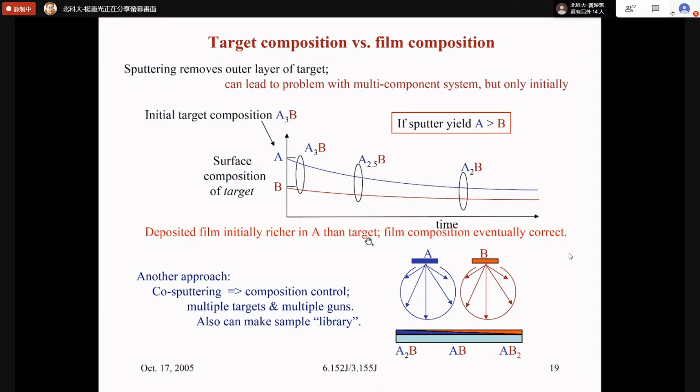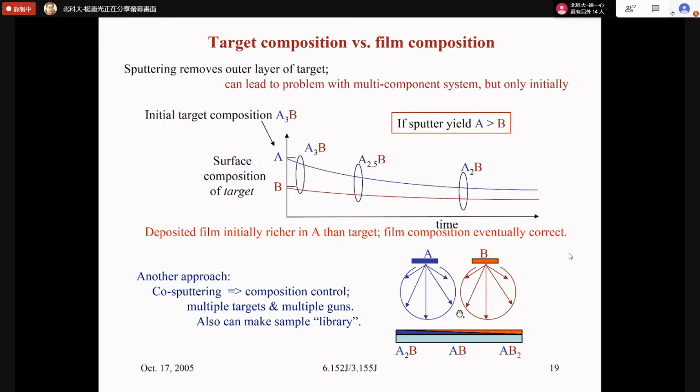Okay, so there is another approach, which is co-sputtering, 共溅射. You have a target A here and target B, and we co-sputter, and then you find that there's A, B, A, B, A, B2.